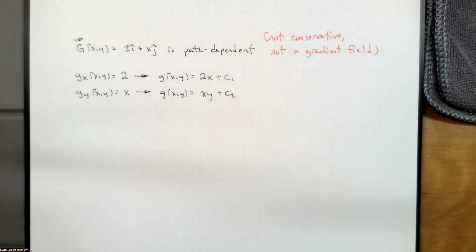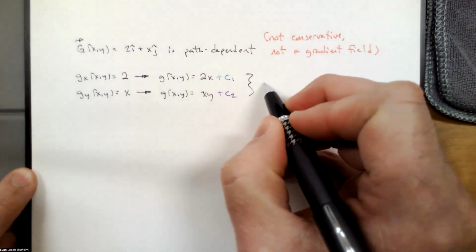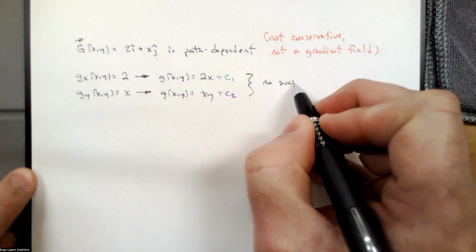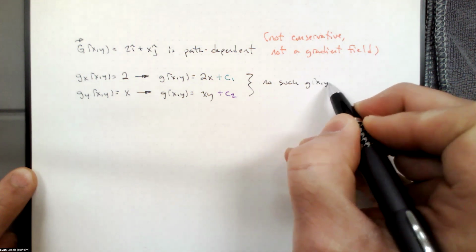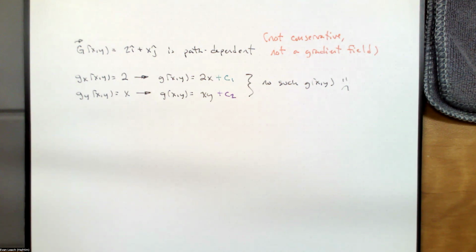That's not acceptable. So g of xy is path dependent. We also knew that this was going to be the case because yesterday we calculated the line integral around a closed loop and came up with something that wasn't zero.